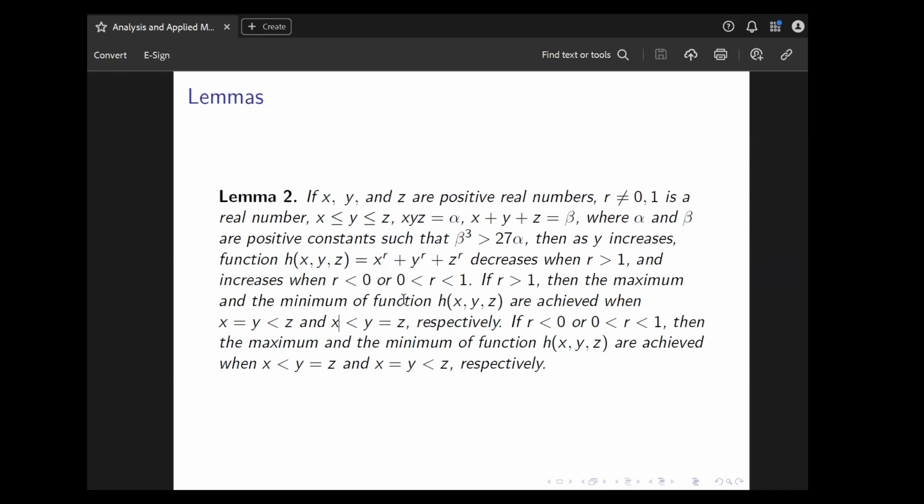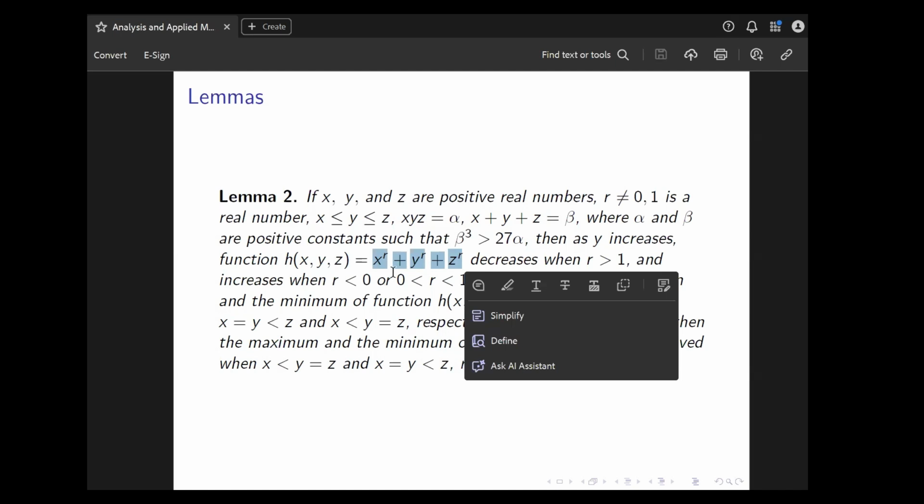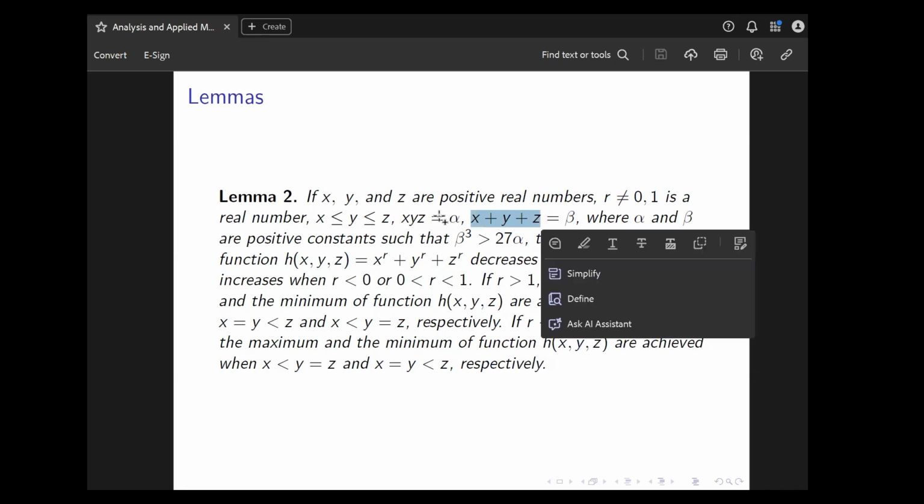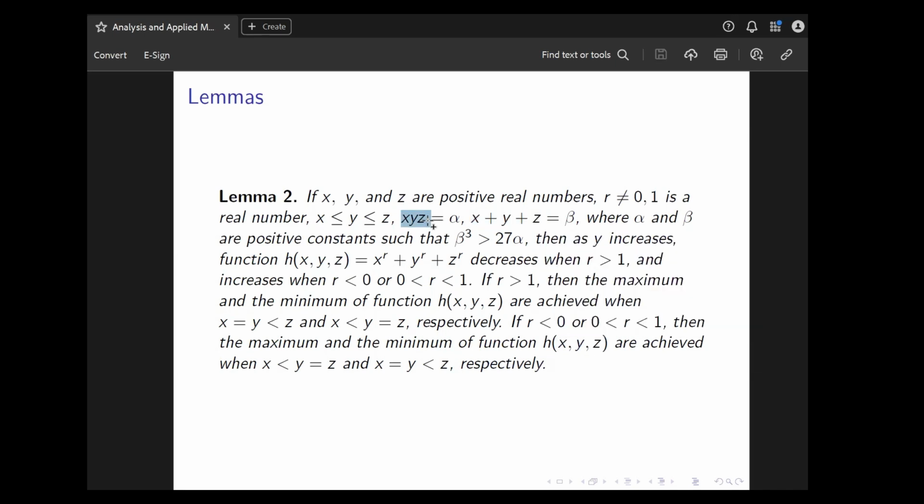In the power mean, we have sums of this type, but with many variables. Here I take only 3 of them. As you can see, the sum is fixed, the product is fixed.